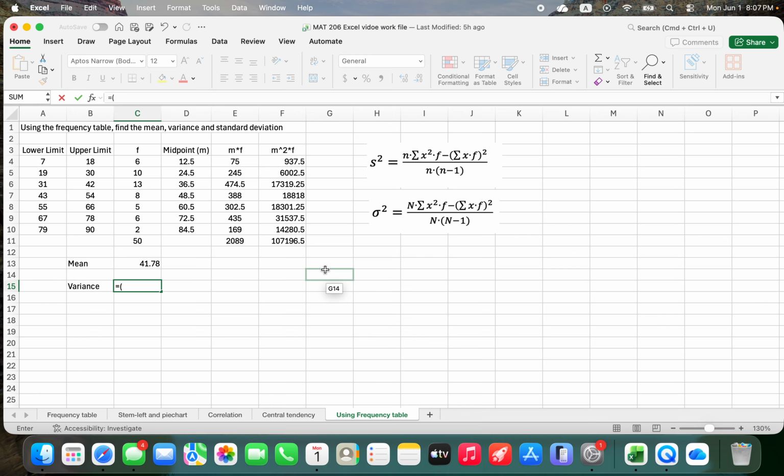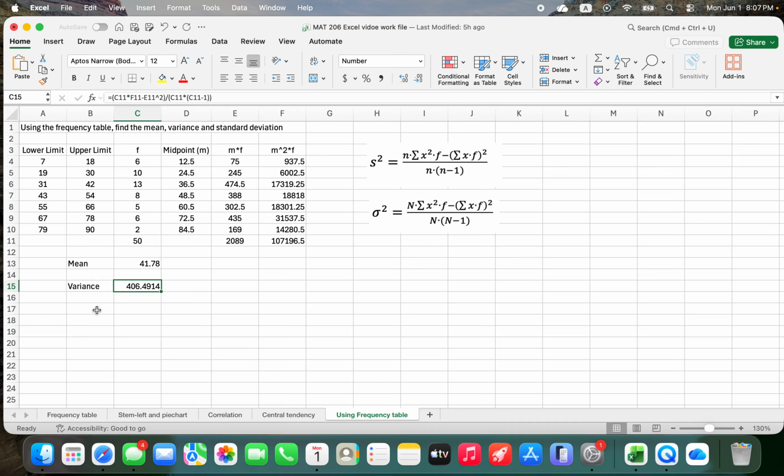So n means the total number of data, so 50, times the sum of m squared times f, which is this one, and then minus the sum of x times f, which is this one, squared, and divide by n times n minus 1. Okay, then that will be our variance, and I'm going to make it maybe 4 decimal digits.